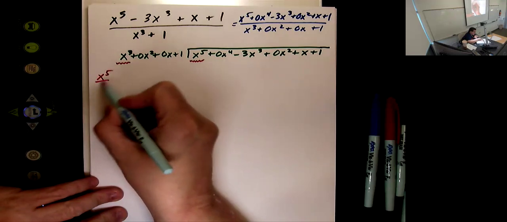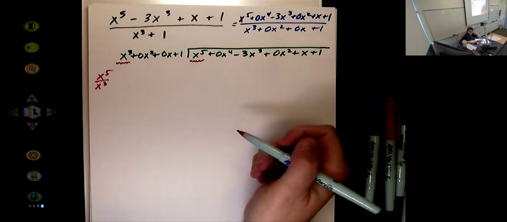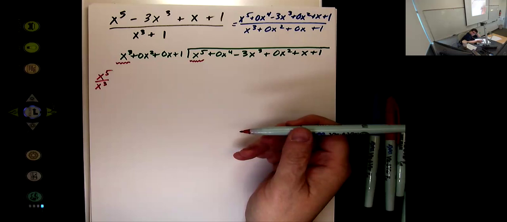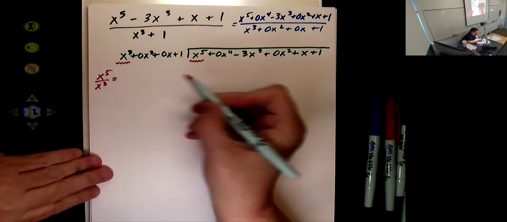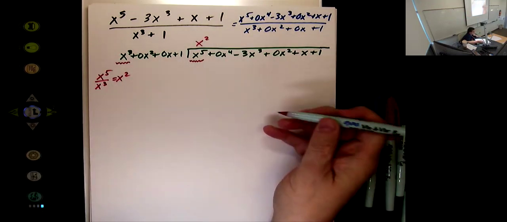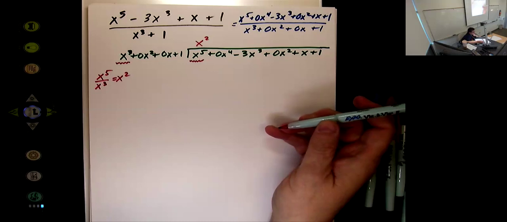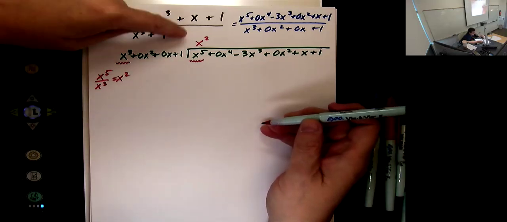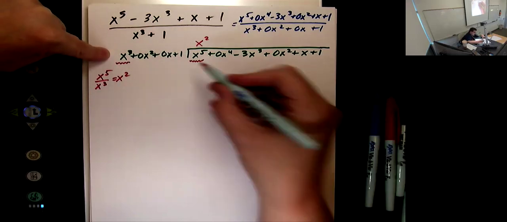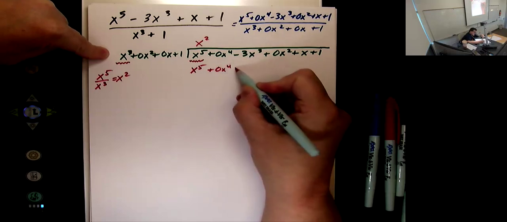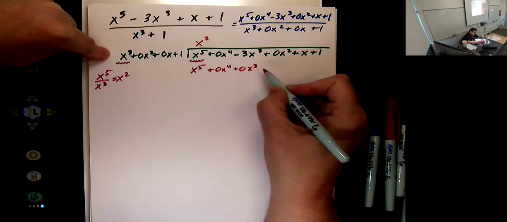X to the 5th power divided by x cubed. I get x squared, so that's what I'm going to put up here. And when I multiply the x squared by what I have out front, I get x to the fifth, plus 0x to the fourth, plus 0x cubed, plus x squared.